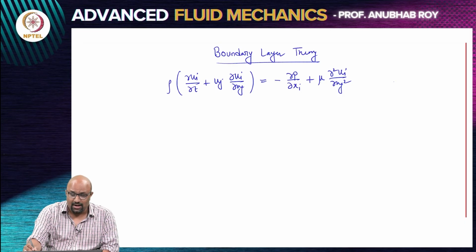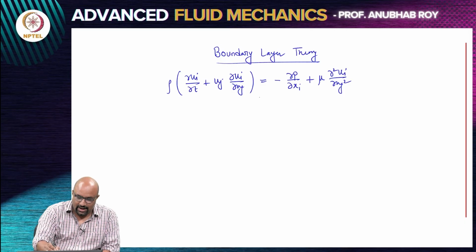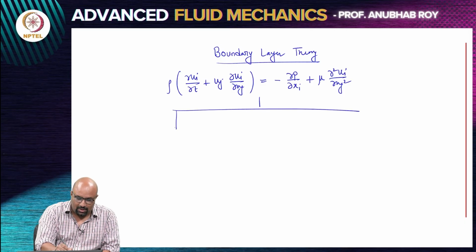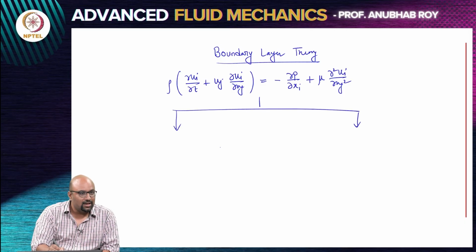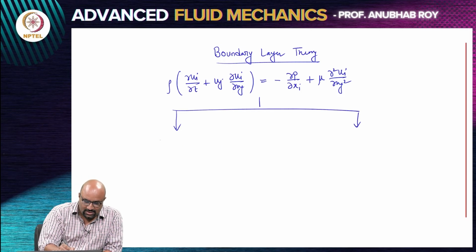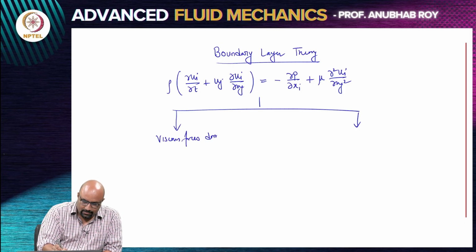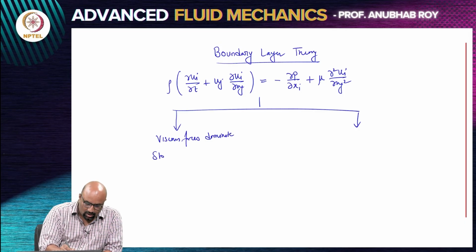In class, we have tried solving this for some specific problems, which leads to two limiting forms that people have worked on extensively for a long period of time. One is when viscous forces dominate, which means you can ignore inertial forces. That gives you your Stokes equation.